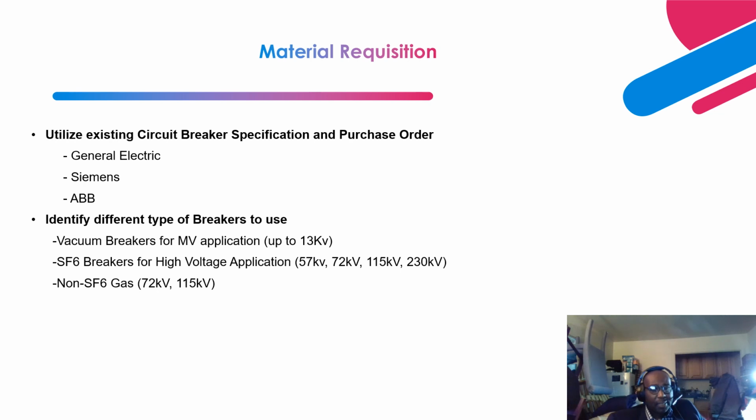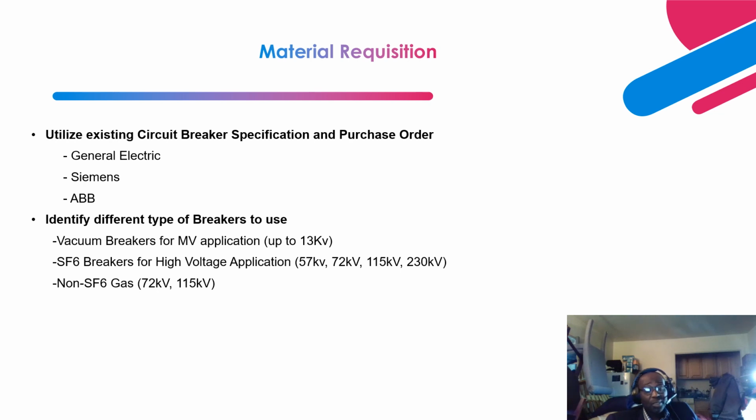Next is the material requisition piece, right? Like I indicated, every utility has an engineering department that owns the specification for these circuit breakers, and they have put in place a blanket purchase order that they constantly have with the major OEMs.